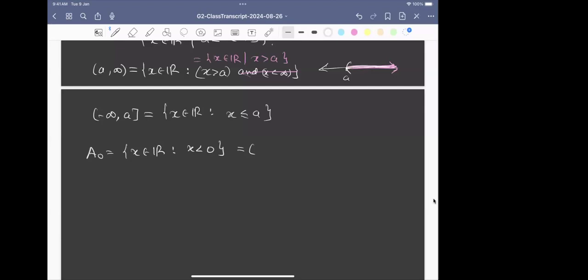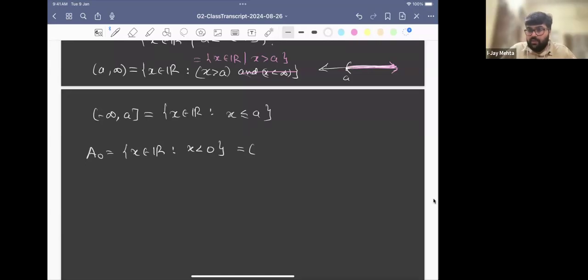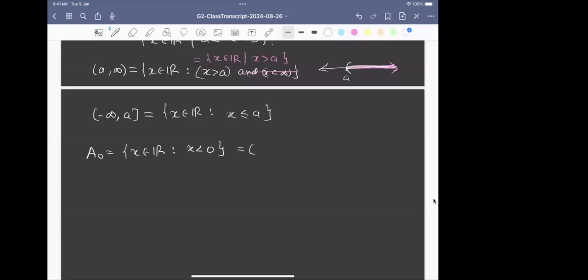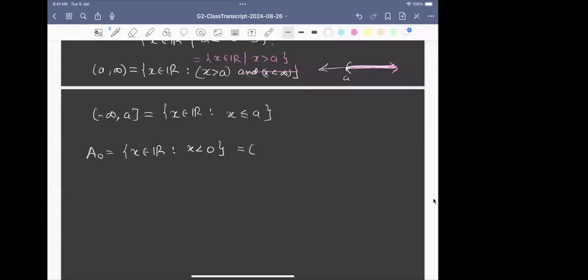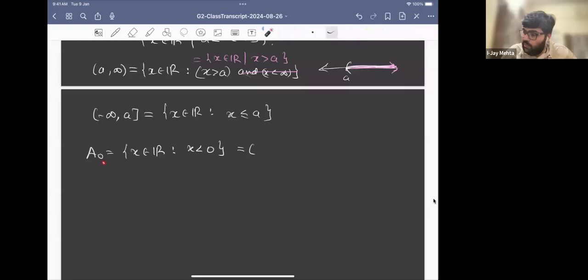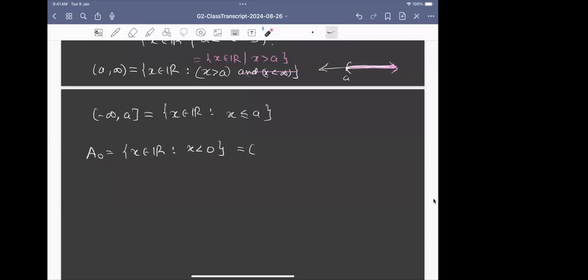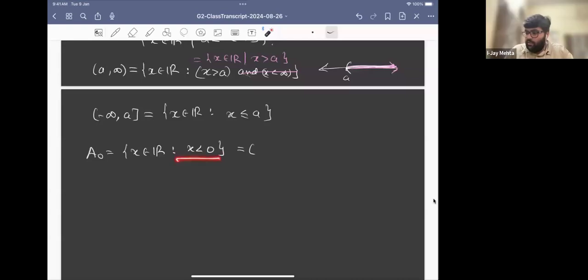A0. The elements which are less than 0. That is fine, I have written that. But which interval will this be?